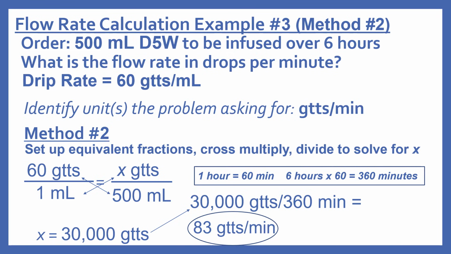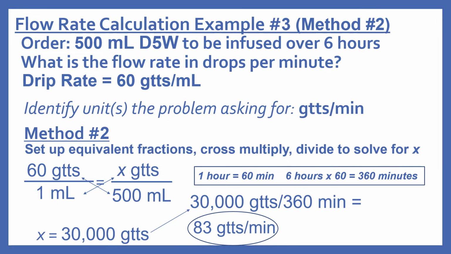And with method 2, we'll set up equivalent fractions, cross multiply, then divide to solve for X. So we have 60 drops per 1 milliliter, that's our drip rate, and we'll set that equal to X drops per 500 milliliters. So this will give us the first unit, our drops. So 60 times 500 equals 30,000, and then divided by 1 gives us 30,000 drops.